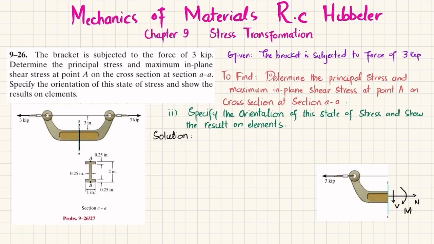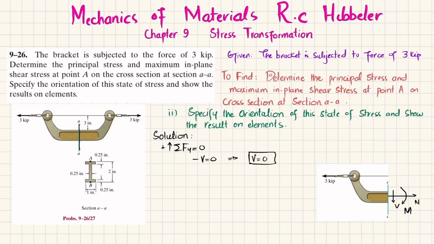So you will find V, M and N by using the equations of equilibrium. The first equation: the sum of all forces along the y direction must be equal to 0, with upward force taken as positive. Only V is acting downward, so minus V is equal to 0. It means that the shear force is equal to 0.